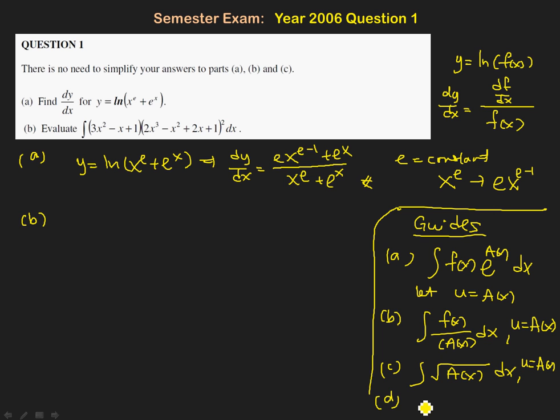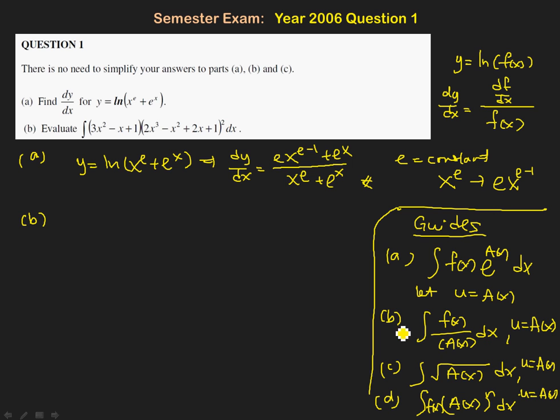These are just guidelines, not particular rules. Sometimes they do not work, and you have to make your own judgment. If you see something like a(x) to the power of n, with a function f(x) here, again it's a good idea to let u be a(x).